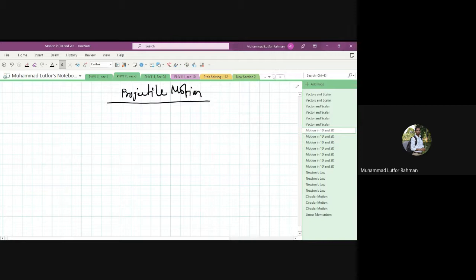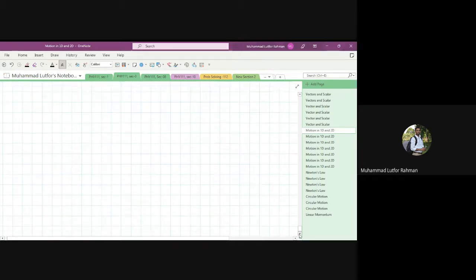Fine. So to describe projectile motion, we have to define a projectile, which is basically any body that is given an initial velocity and follows a path, right? That path we call the trajectory of that particle. Say, for example, if I throw a particle, say this is my y-axis, this is my x-axis.